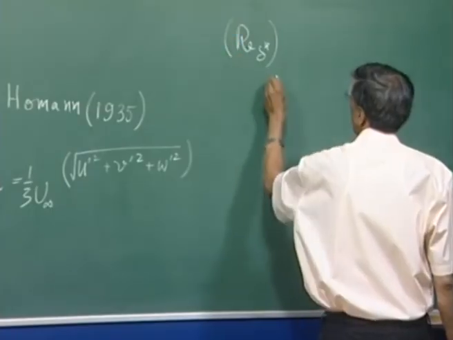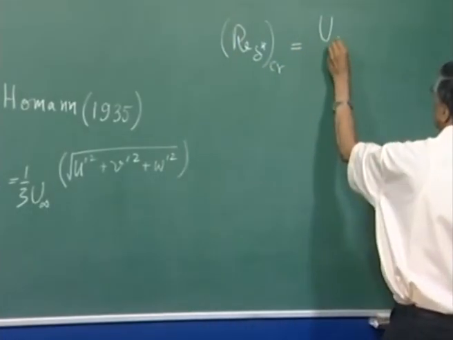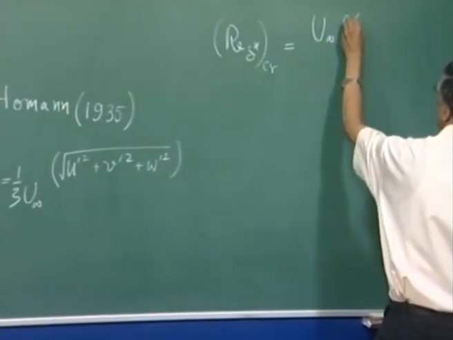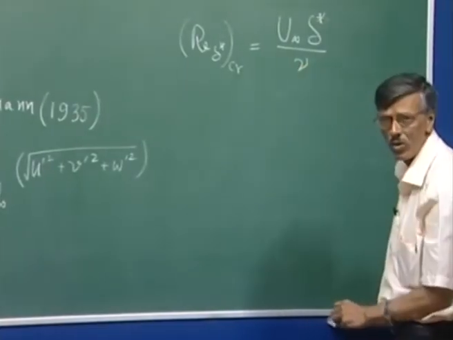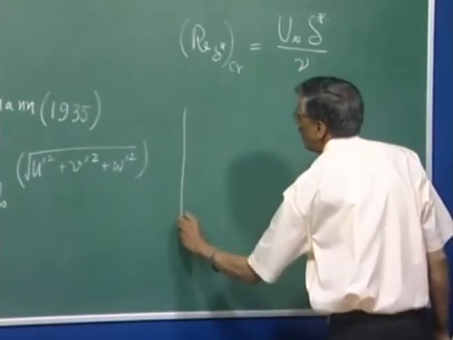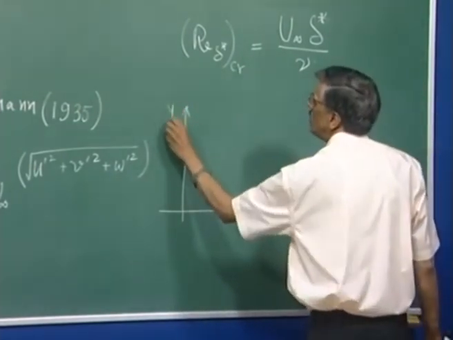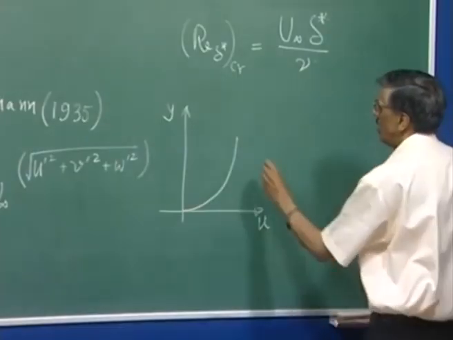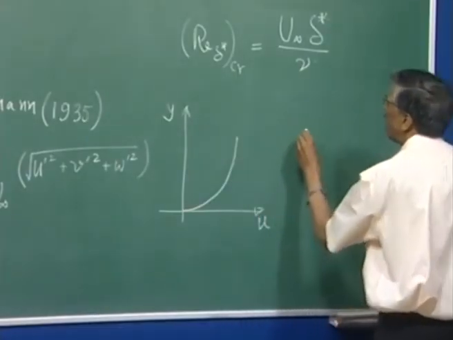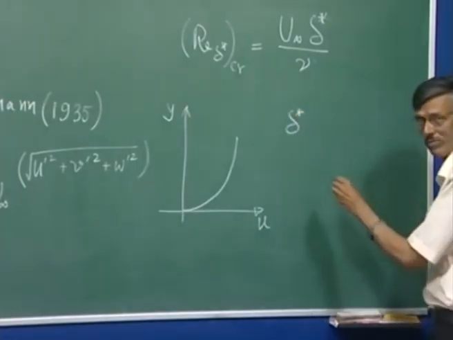We will define what displacement thickness is later if necessary, which is given like this. If I have a flow field, if I get the boundary layer growing like this, u as a function of y, then I can get delta star as what?